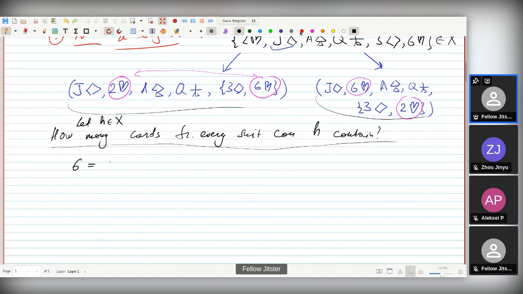The following equation must hold true. 6 must equal the sum of the number of diamonds, plus the number of hearts, plus the number of spades, plus the number of clubs. Do you agree? And every such number must be greater than 0. How many ways do we have to solve this constraint?